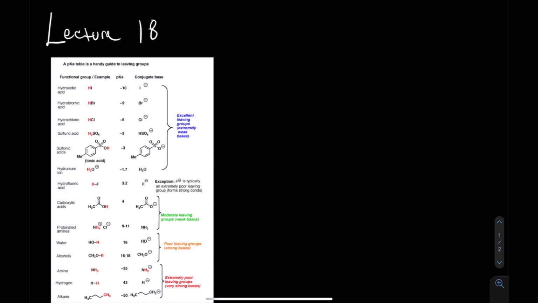Now, why do I bring this up? Well, it's important to appreciate how carbocations form, and they form pretty much spontaneously. We had said, or at least we kind of insinuated, that tertiary carbons form carbocations really easily.